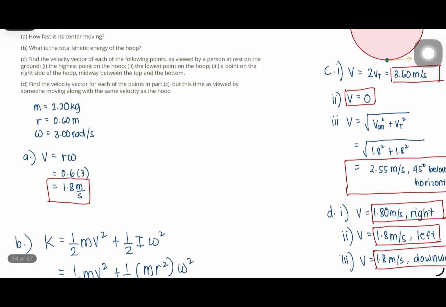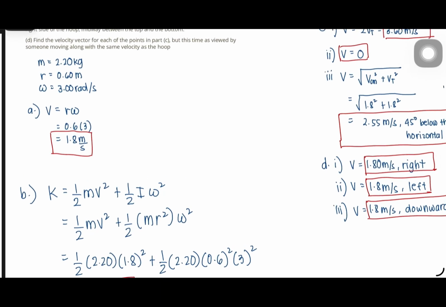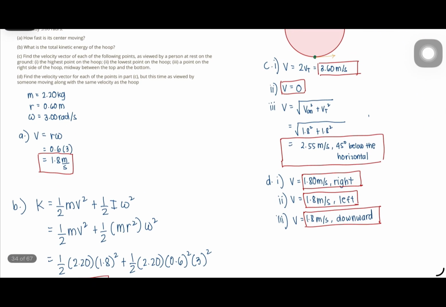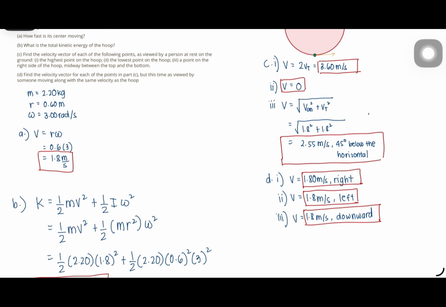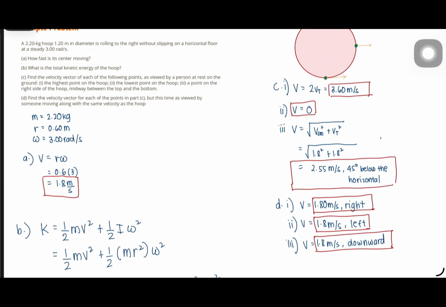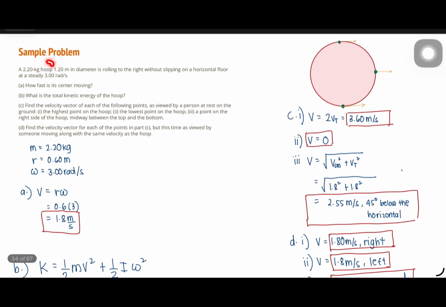For letter B, pinapahanap class total kinetic energy. So, ito yung formula natin. The translational kinetic energy, then yung rotational kinetic energy na combine. Para makuha natin yung moment of inertia, so refer kayo dun sa given na rigid body. Since it is a hoop, pag hoop po, hindi siya solid object.